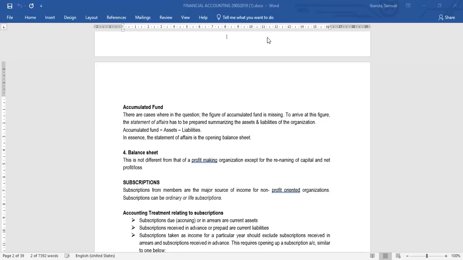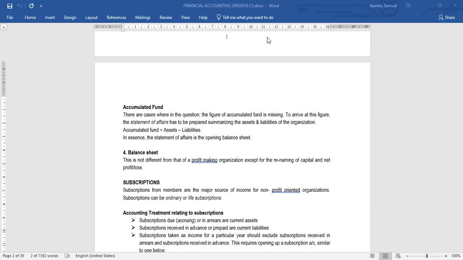Now, similar to non-for-profit is what we call subscriptions. Like I said, members of the non-for-profit may decide to contribute certain amounts of money to this non-for-profit, okay? And this certain amount of money may be, let's say, annual, okay? Or we could have what we call life subscriptions, okay?